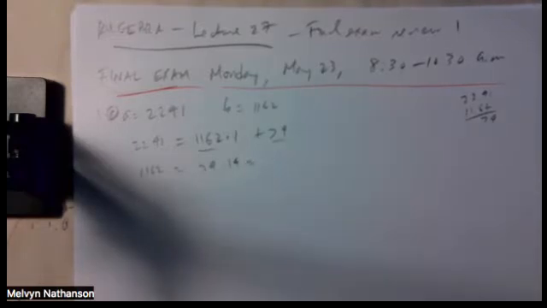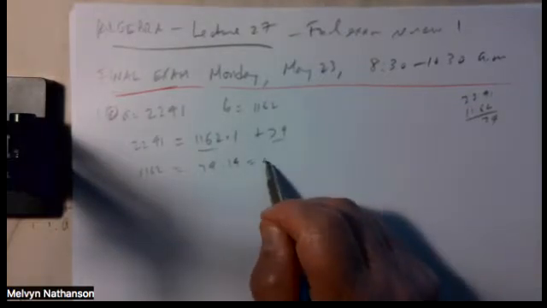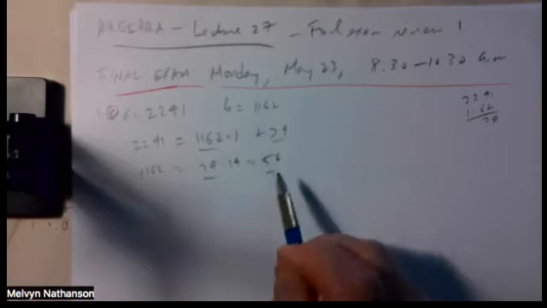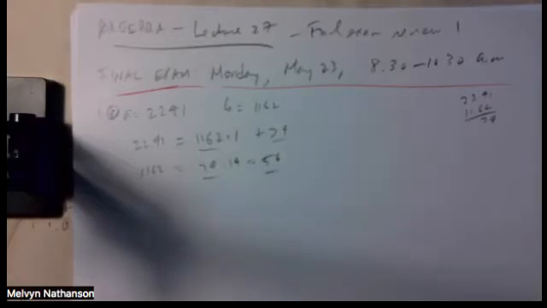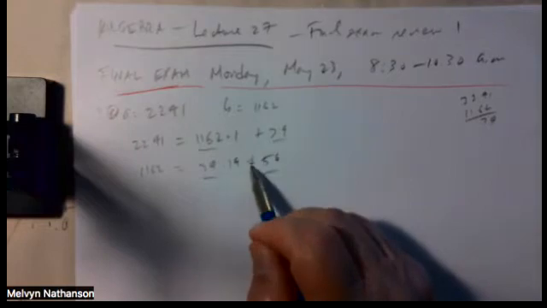And if you take 79 and multiply it by 14, you get a remainder of 56. Oops, plus.